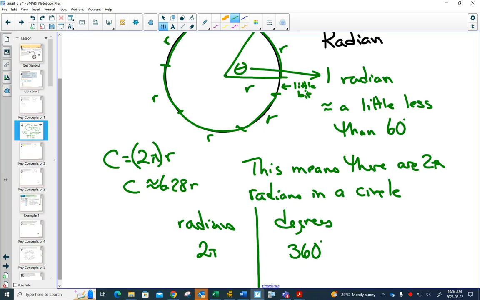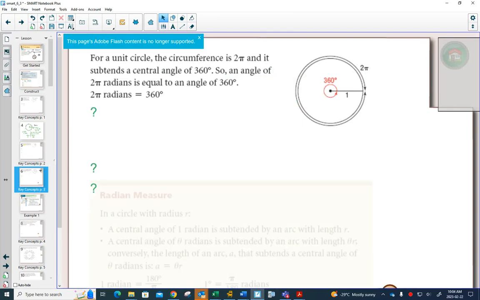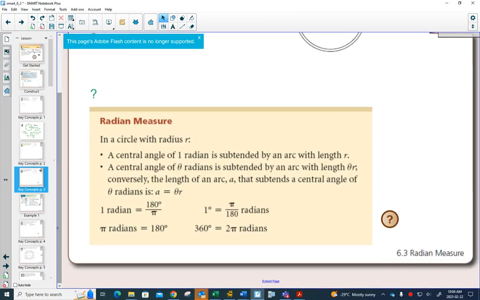And this is actually highlighted on page 489. That 360 degrees is 2 pi radians, because once around the whole circle in degrees is 360 degrees. Once around the whole circle in radians would be 2 pi.